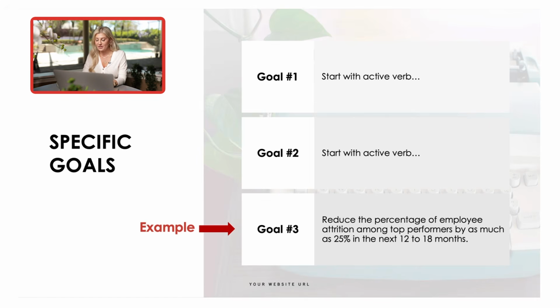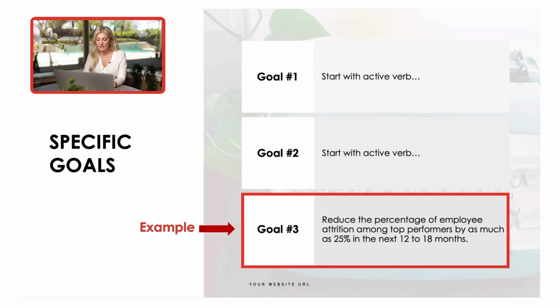You can see here, I've given you an example for goal number 3, something to the effect of reduce the percentage of employee attrition or also turnover among top performers by as much as 25% in the next 12 to 18 months. Notice a couple of things about this. I'm using an active verb, I'm using a measurable result of 25%, and I'm also giving a time frame to this of 12 to 18 months. That really makes an excellent specific goal.